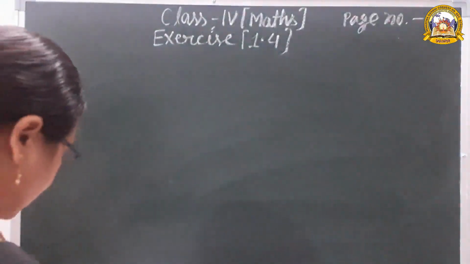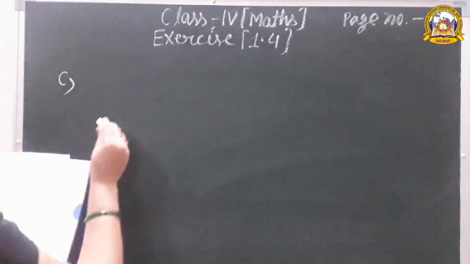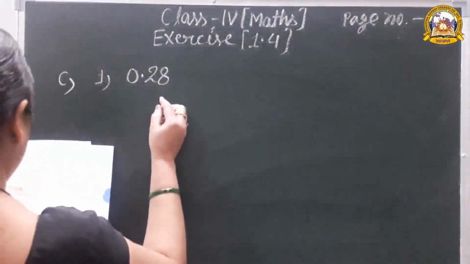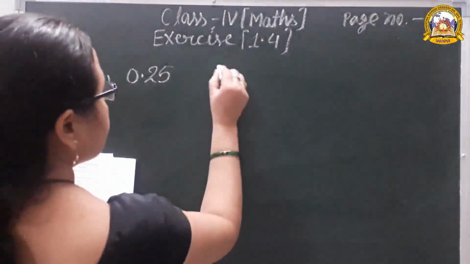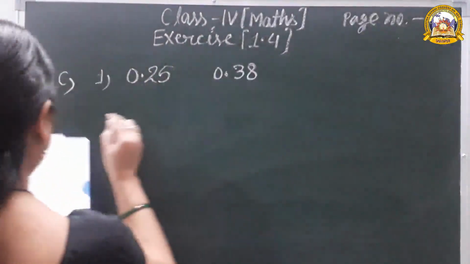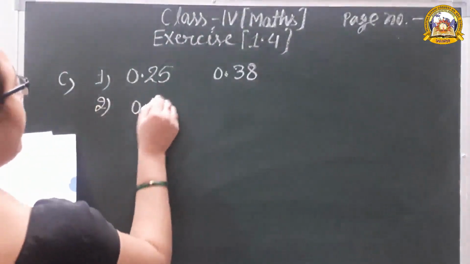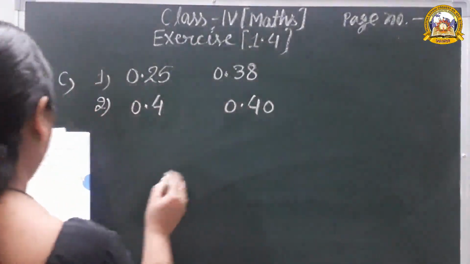Question number C. First one: 0.28, 0.25, 0.38. Second: 0.4, 0.40.